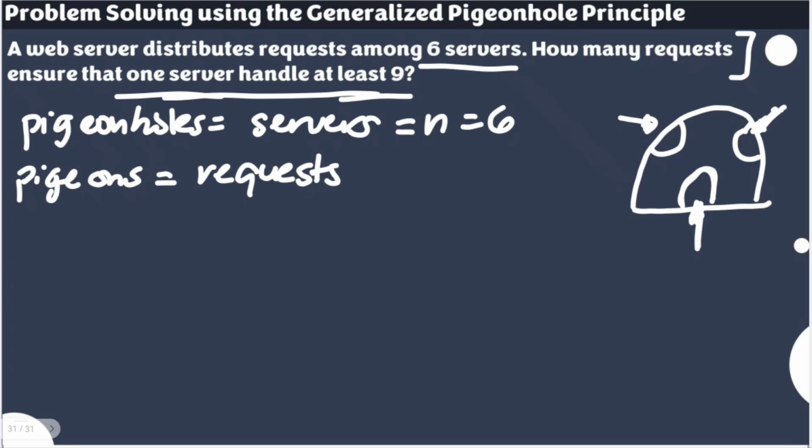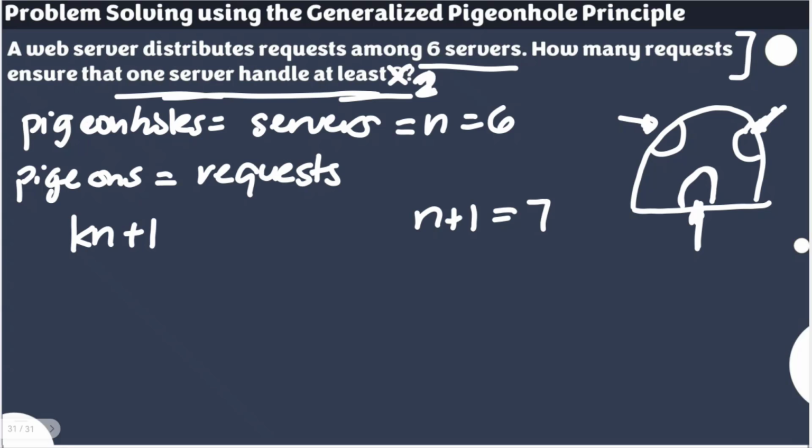So this is actually kn plus 1, not n plus 1. N plus 1 is not for the generalized pigeonhole principle. That happens when you're asked about at least 2. If you're asked about at least 2, you just need 7 requests to be assigned to our 6 servers, because the first 6 of those 7 requests, assuming that the web server will assign 1 for each, will be evenly distributed.